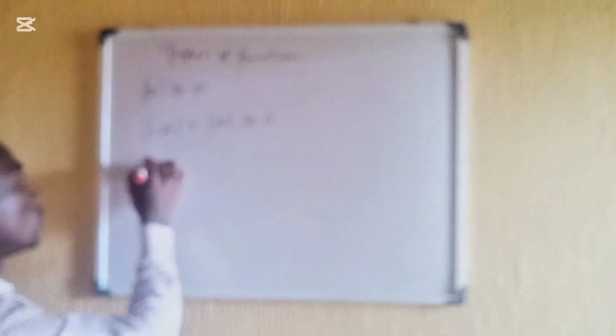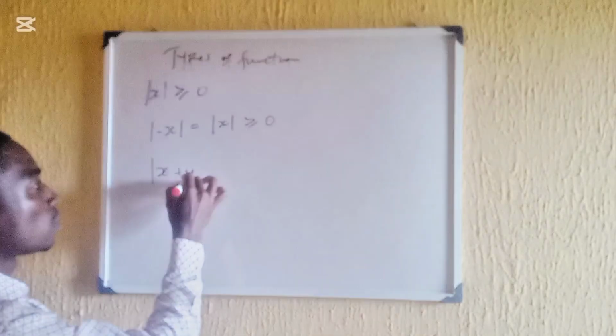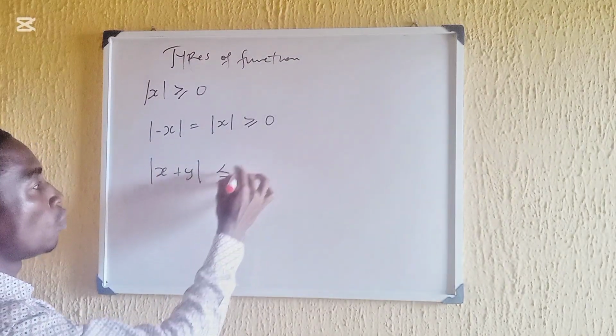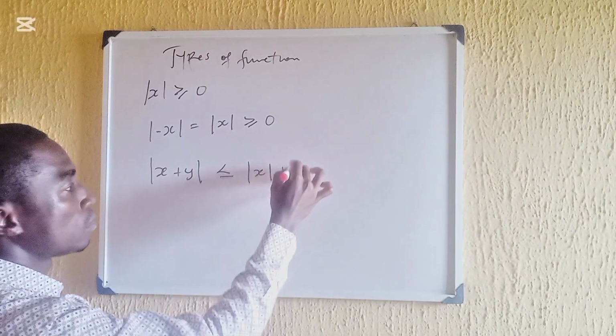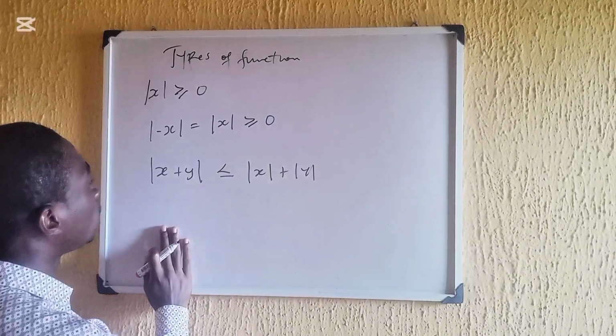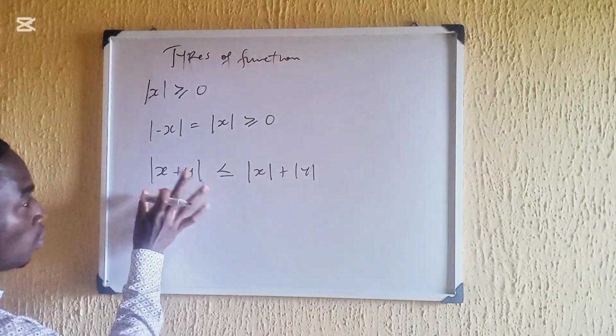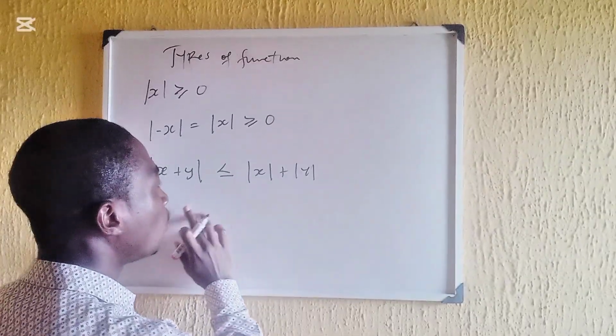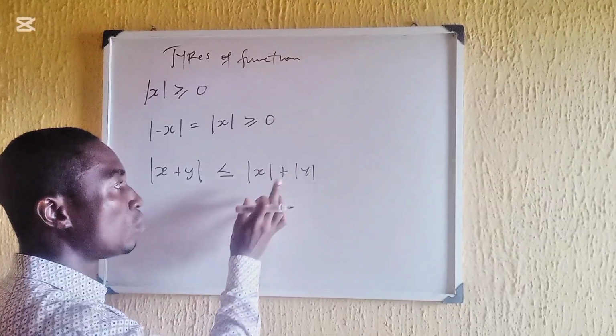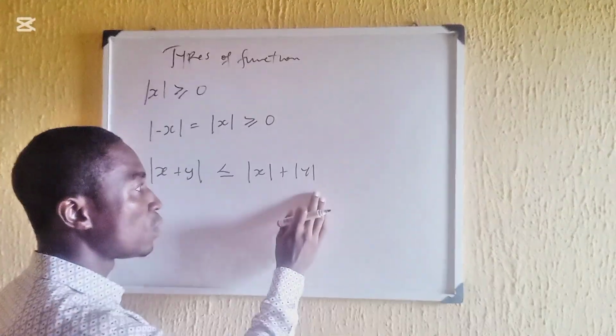And the third one is that modulus of x plus y is less than or equal to modulus of x plus modulus of y. What this implies is that the modulus of the sum of x and y will always be less than or equal to the modulus of x plus the modulus of y.